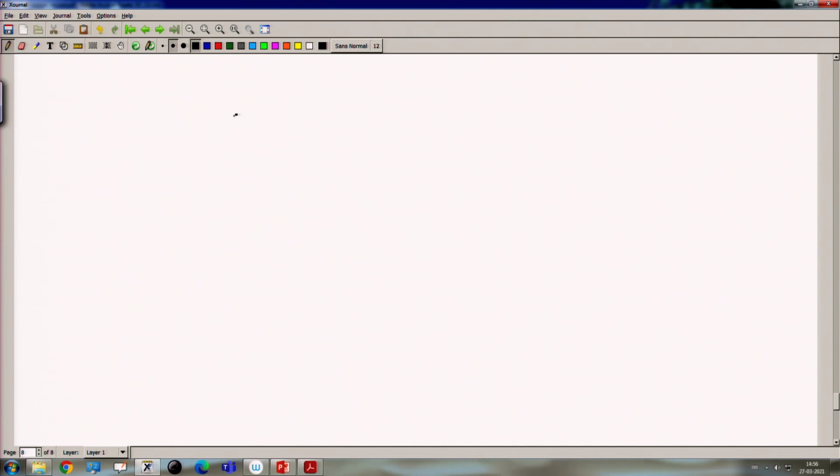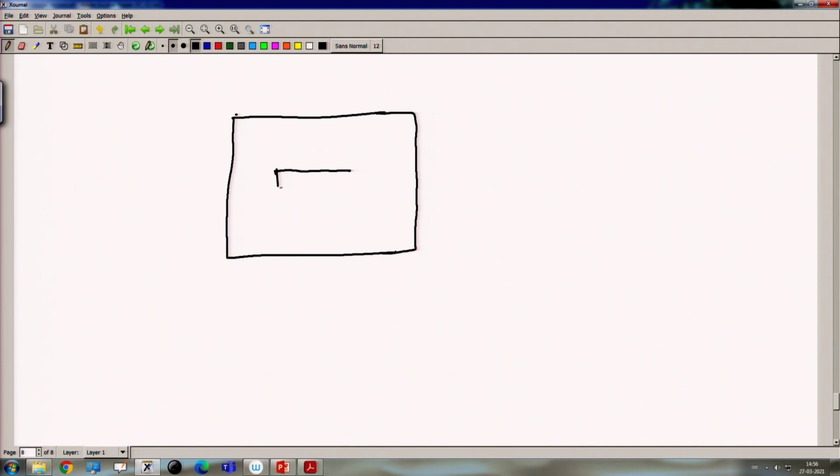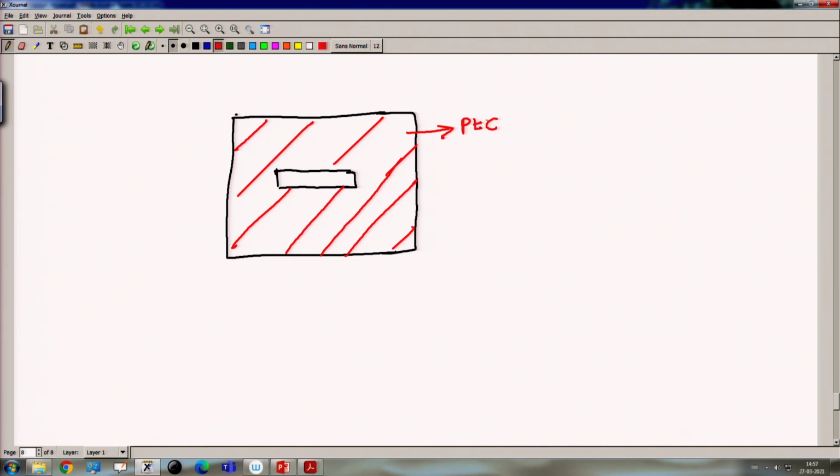So, let us see the configuration of a slot in a ground plane. This is a ground plane and this is a slot. This part is PEC or perfect electric conductor, and this is the slot.